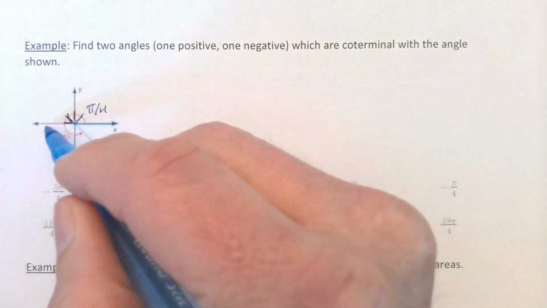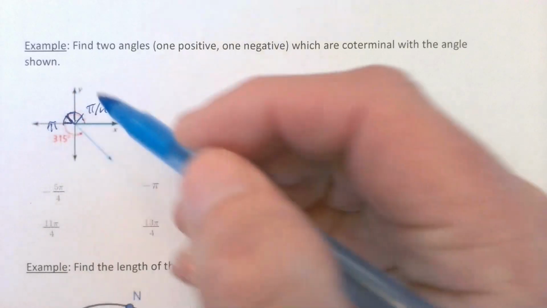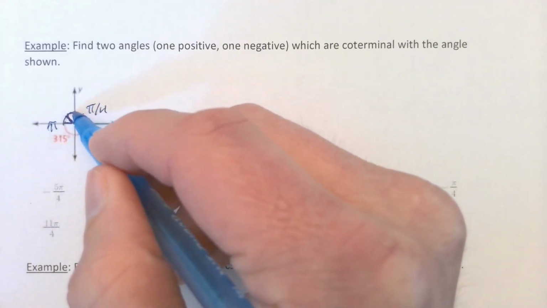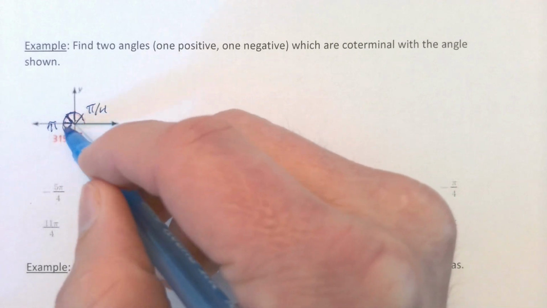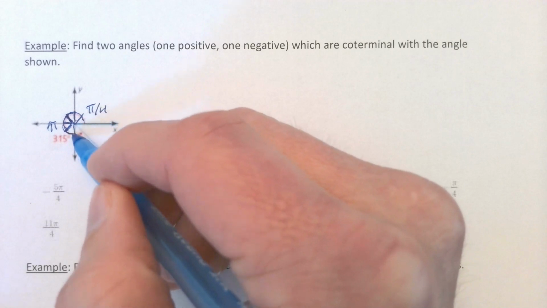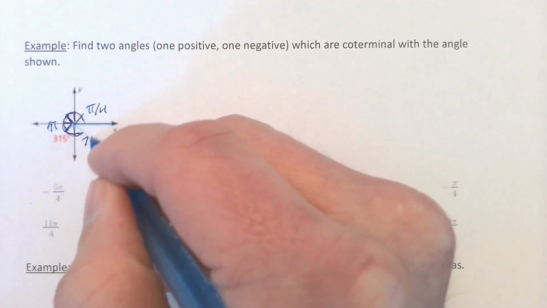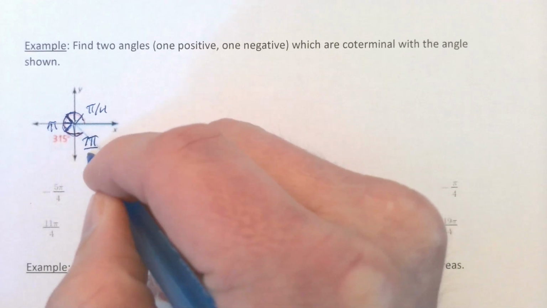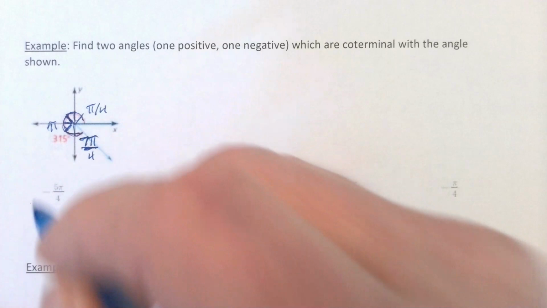Because I'm taking pi over here and cutting it into 4 equal parts. Here's 1 pi over 4, 2 pi over 4, 3 pi over 4, 4 pi over 4. Here's 5 pi over 4. Here's 6 pi over 4. And here is 7 pi over 4, which is the equivalent of 315 degrees.